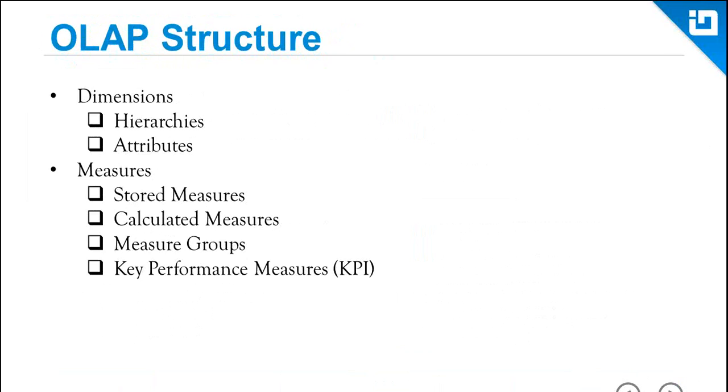It could be your employee, it could be your product, whatever you are trying to sell, anything. Any business entity is your dimension. Okay, it can be your time frame. Like I was talking, yearly, quarterly, monthly. These are all business entities, right?